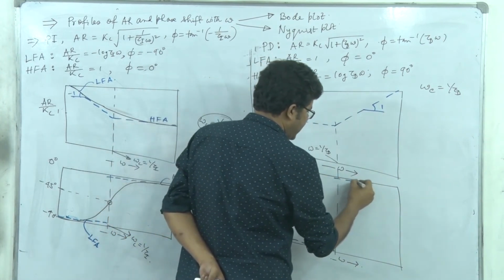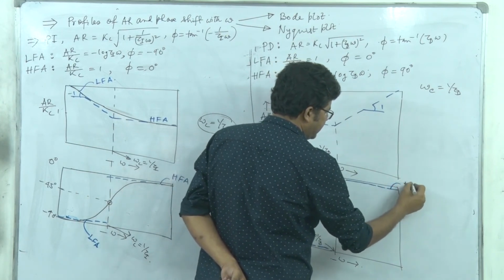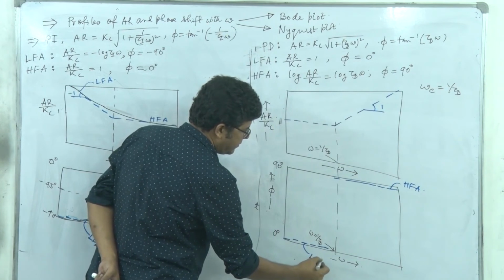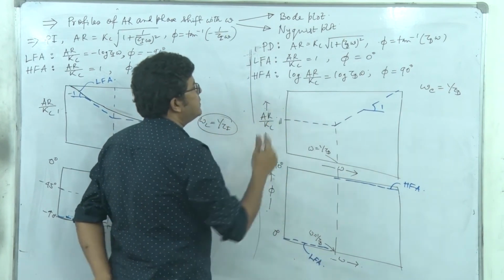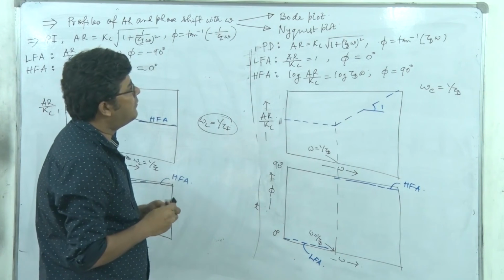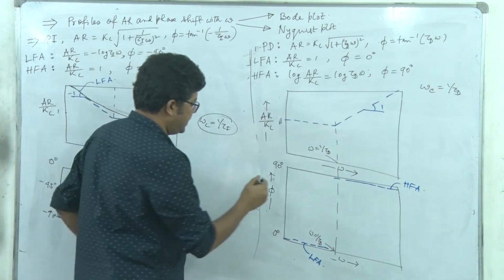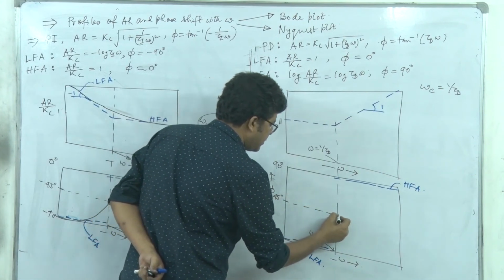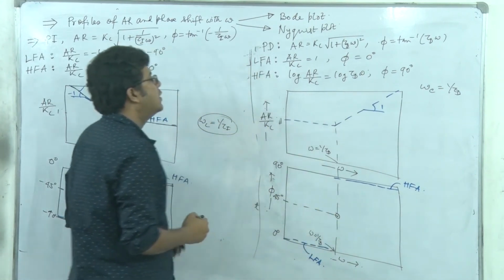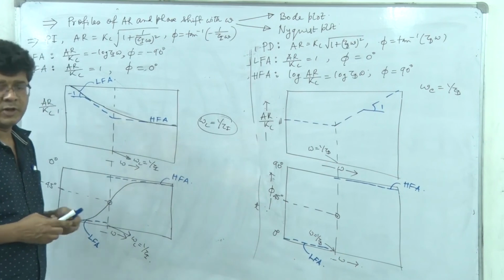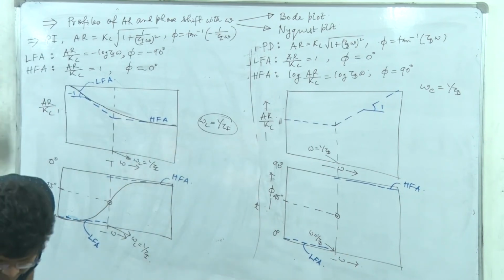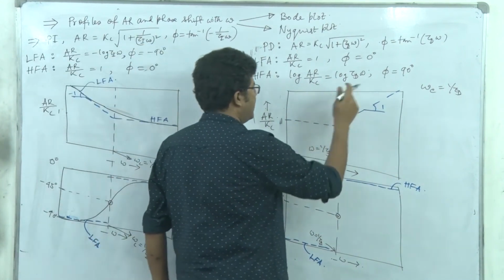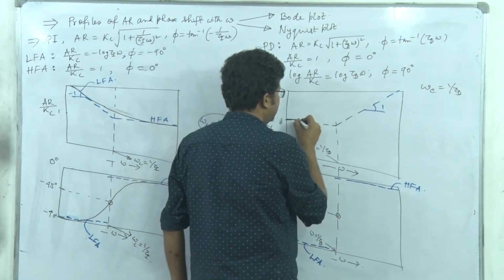So this is HFA, this is LFA. And at corner frequency, the value of phi will be equal to 45 degrees, somewhere here. Now if this is the asymptotic Bode plot, if we go for the actual plot upon finding some values in this region, we will get this sort of plot.